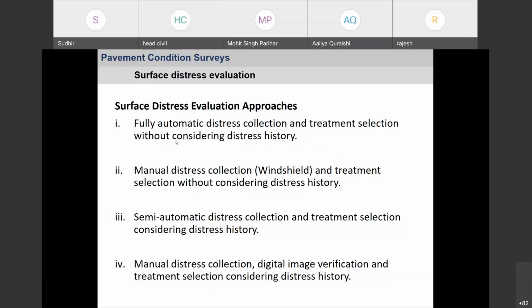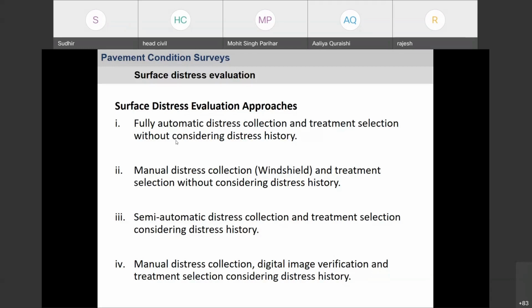Okay. And this whole process is happening in an automated form. So now I guess you are able to understand the entire statement, that the distress evaluation is being conducted in a fully automatic distress collection and treatment selection form without considering the distress history. Okay.